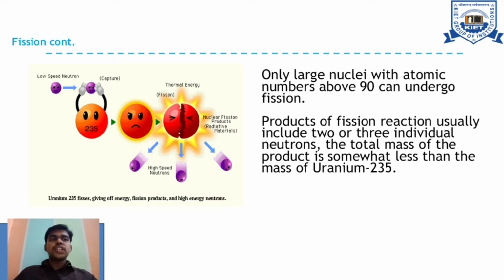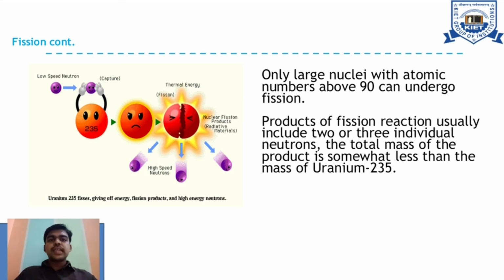Now look at the first point. Only large nuclei with atomic numbers above 90 can undergo fission. So overall, fission can occur with the help of large nuclei. The products of the fission reaction usually include 2 or 3 individual neutrons. Now look at the figure and compare it, and you can understand how the low speed neutrons get captured in uranium 235.